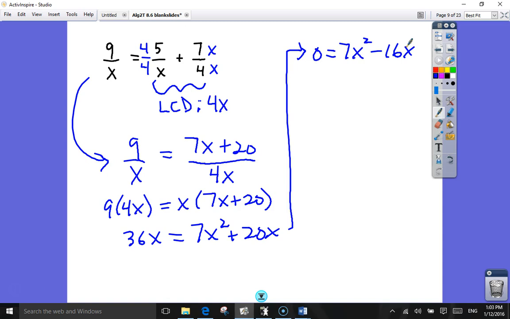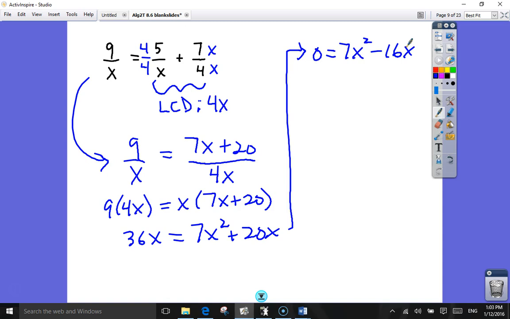So when I did that, I ended up with a quadratic again, and I subtracted the 36x to this side, and now I've got to solve that. How do I solve that? Hint, factor. What's the common factor? There's an x, right?